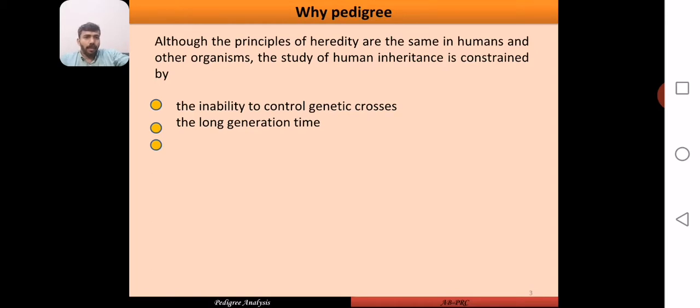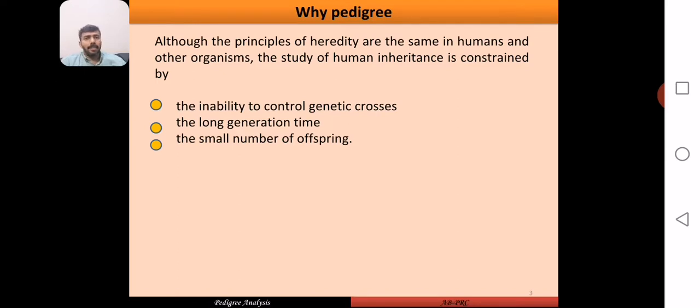That's why we go for pedigree. Then the third thing is definitely this one. The number of offspring is also pretty low. Usually for a couple, for a family, only a limited number of offspring will be there.